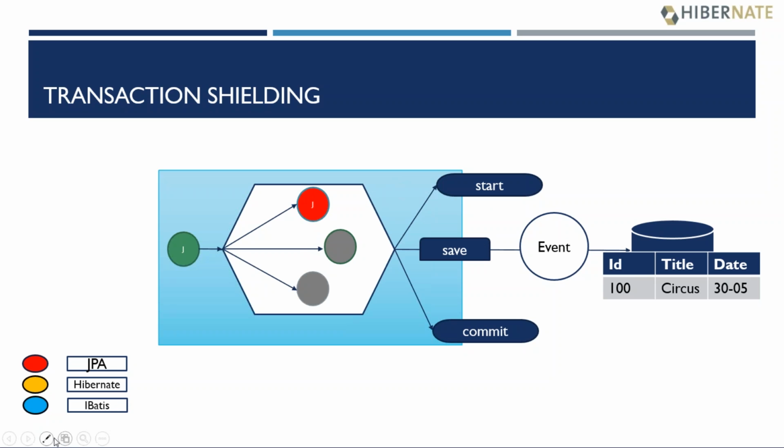The underlying logic will change from framework to framework, so you don't have to bother about how it is handling the transactions internally. That is what we call transaction shielding.